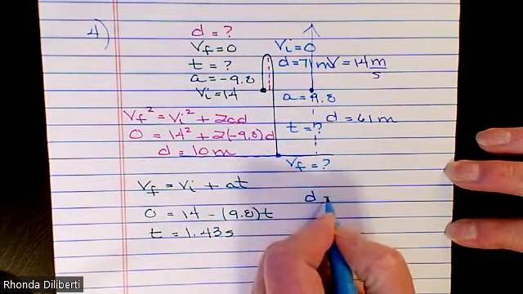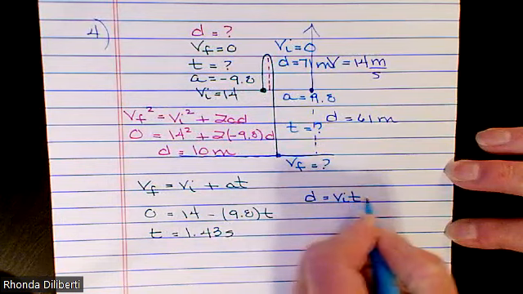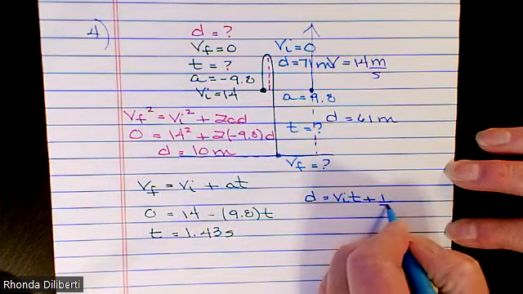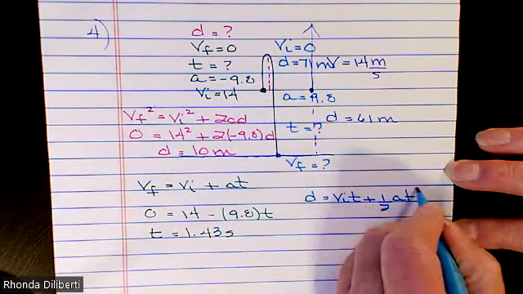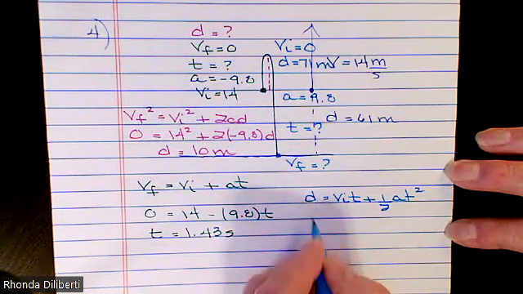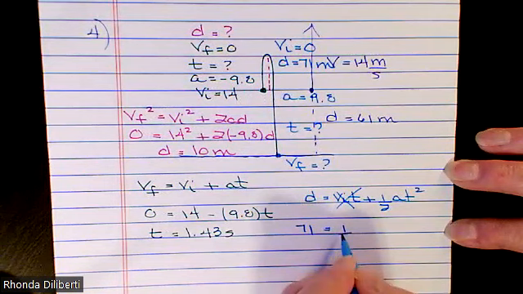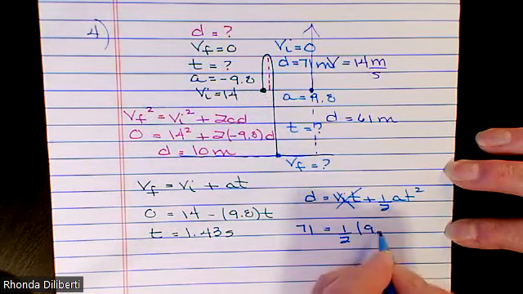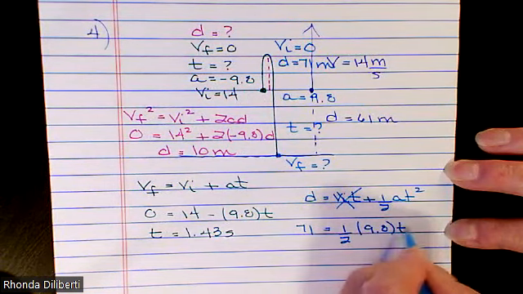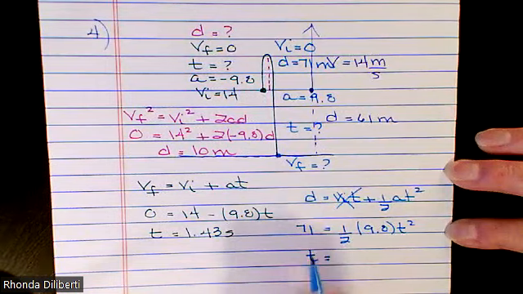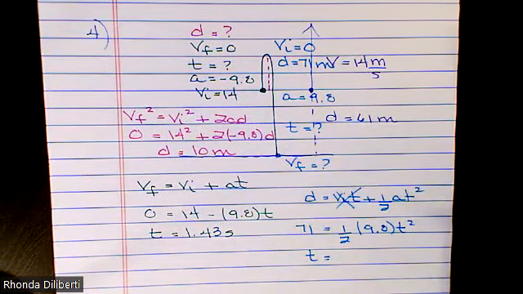How about this equation, the second one, D equals VI T plus 1/2 A T squared. So the distance is 71. The initial velocity is 0, plus 1/2 times 9.8 times T squared. So T is going to turn out to be 71 divided by 4.9, and then I'm going to square root that.